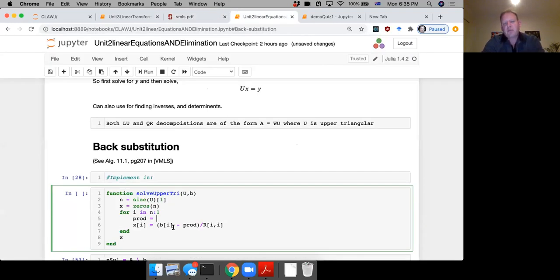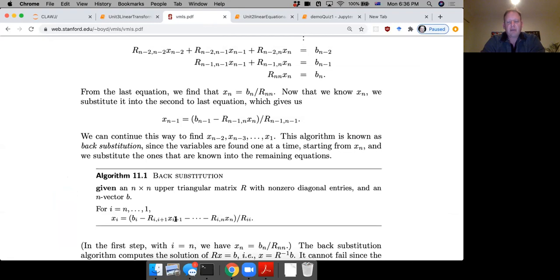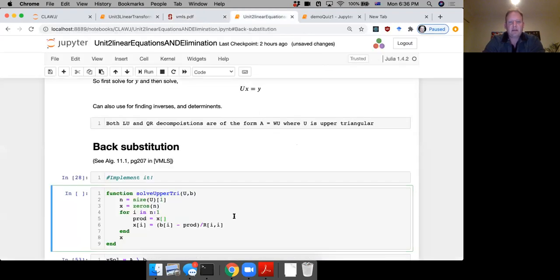It's going to be an inner product of all of the x's that we've solved to date. So we're now in the ith iteration, so we've done x from i plus 1 to n. So that's this vector x. Let's do an inner product like that with a dot.